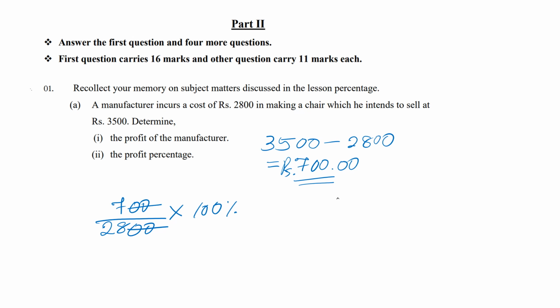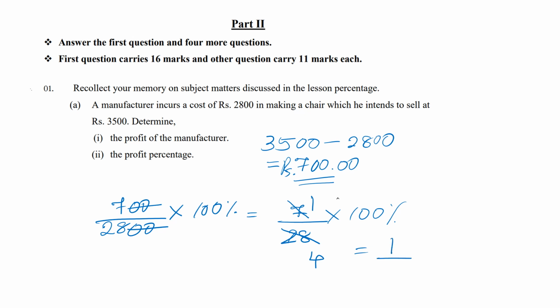Then we can get the answer like this: 7 divided by 28 into 100%. Then you divide both the denominator and the numerator by 7. 28 divided by 7 gives 4, and 7 divided by 7 gives 1.